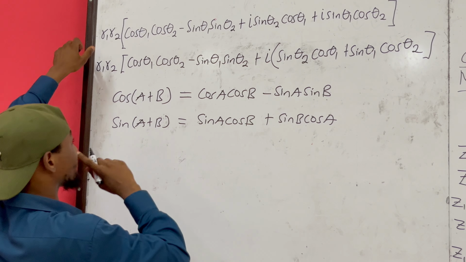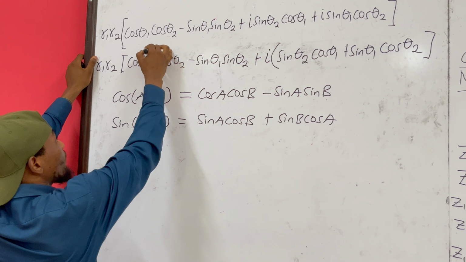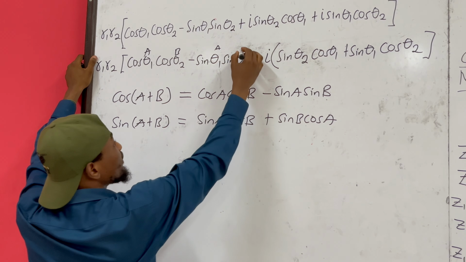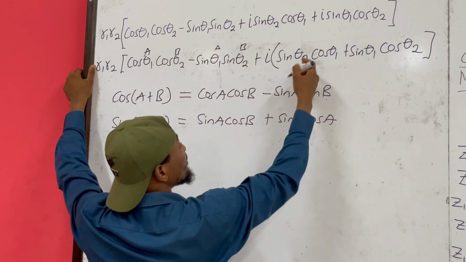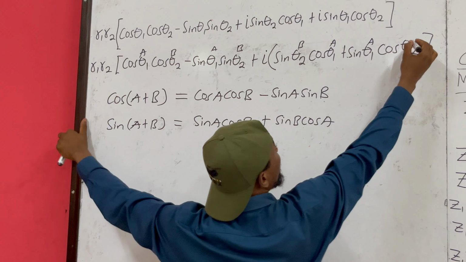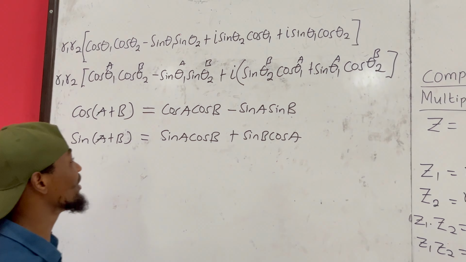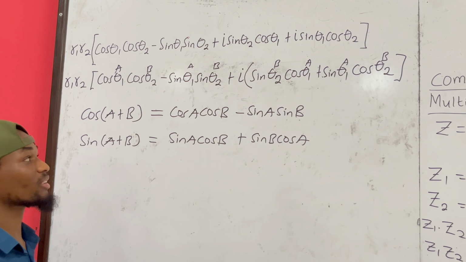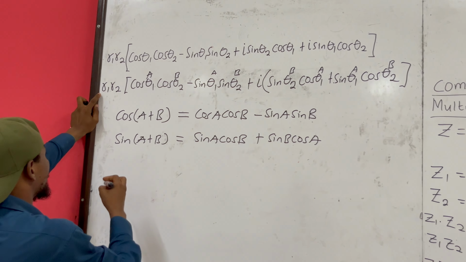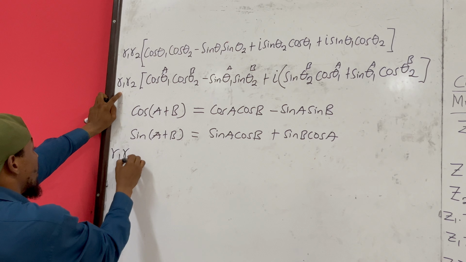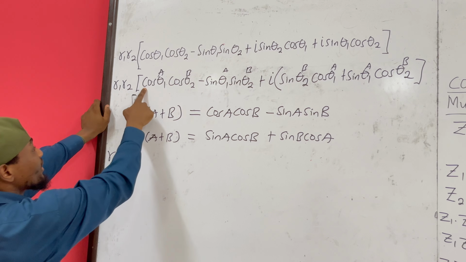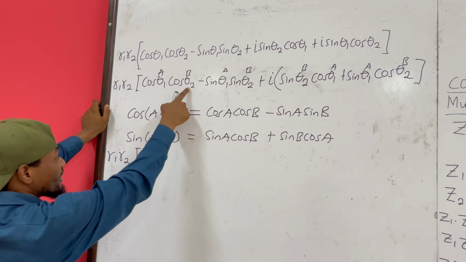So I can say that this is my A, this is my B. Theta 1 is A, theta 2 is B. Theta 2 here is B, I have A here, and I have what? My B. So I'll just do direct substitution, okay? So I'll have r1, r2, I have cos A cos B, or cos theta 1 cos theta 2.